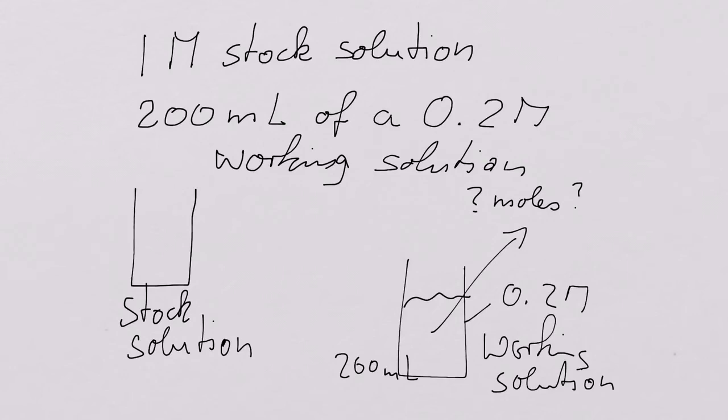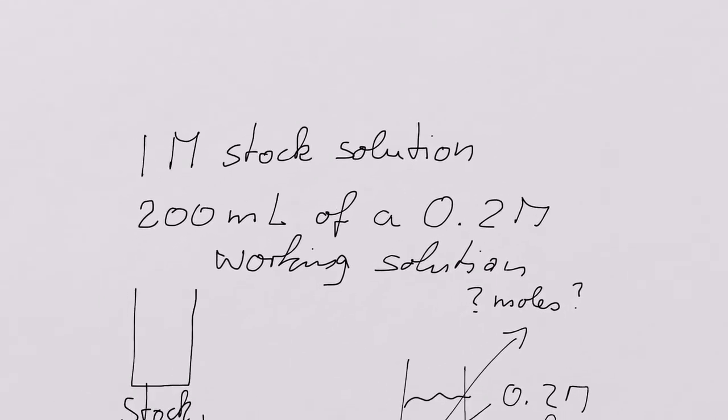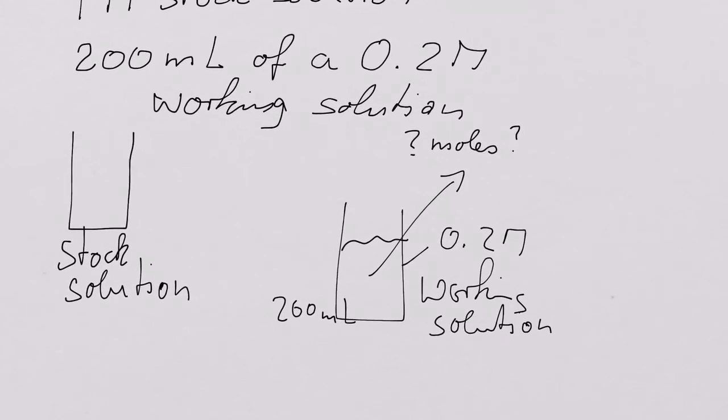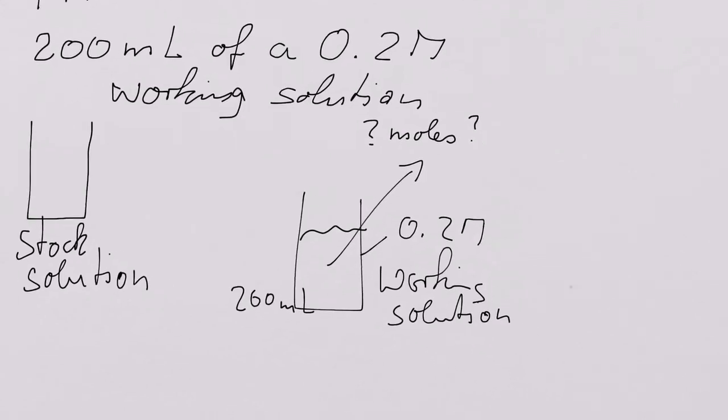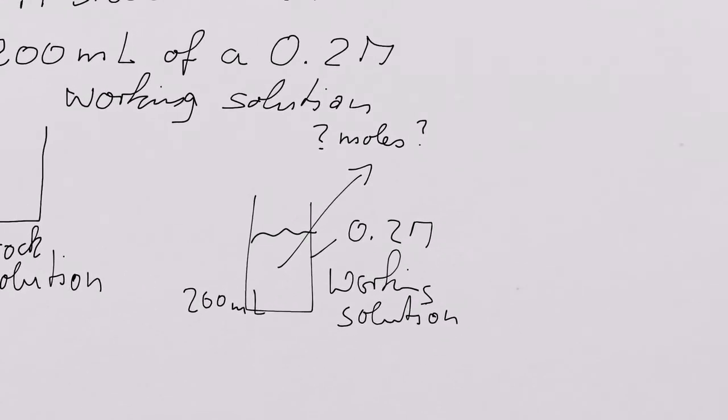You can either do it with the concentration times volume, or you can do it with dimensional analysis. Shall we do it with the concentration times volume? It's probably an easier step. So moles equals concentration times volume.